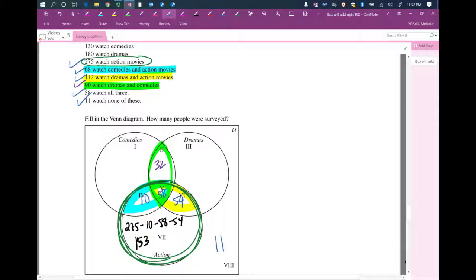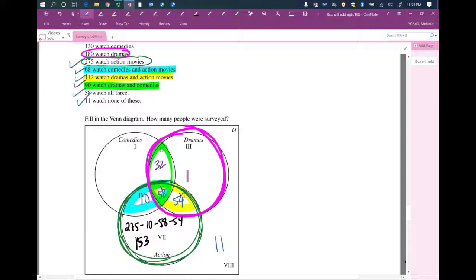And moving along. 180 watch dramas. So dramas, this circle right here. 180 watch dramas. Remember, the whole circle has to sum to 180. So 32 plus 58 plus 54 plus whatever's in here should be equal to 180.